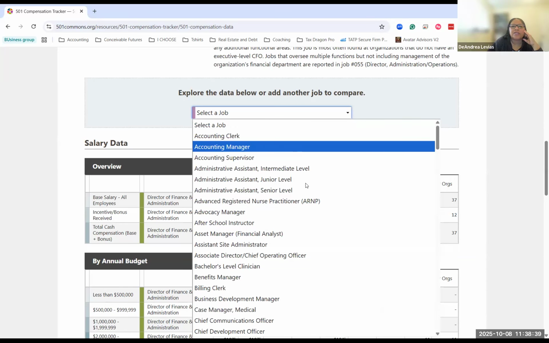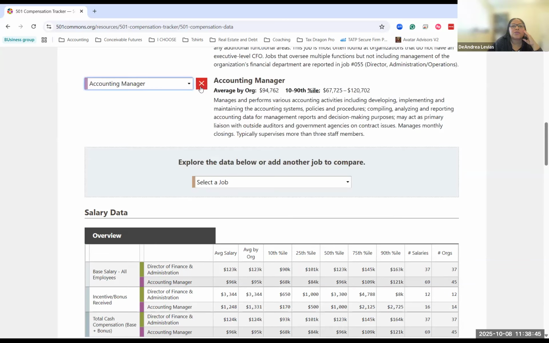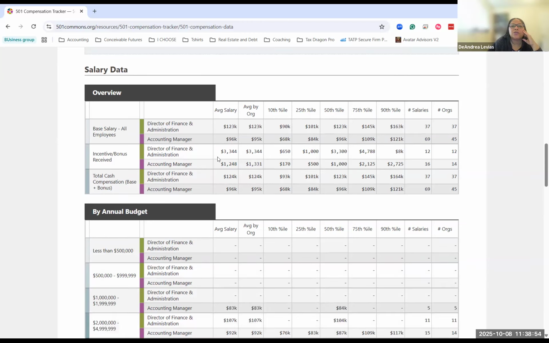So an accounting manager, and it will, oh, I must have two things. It's giving me director of finance and accounting manager because I did director of finance earlier, but it will tell you based on the position what the average salary is, the 10th, 25th, 50th, 75th, 90th percentile.